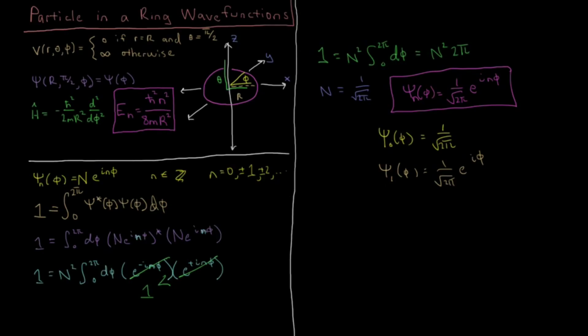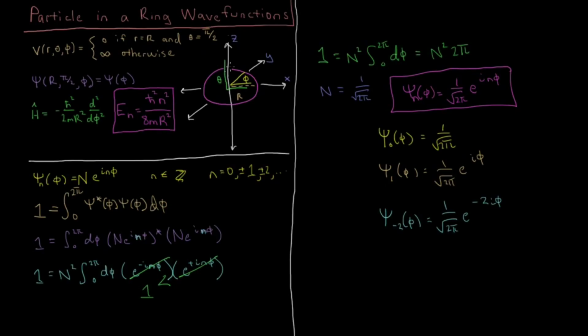And the only difference between the positive and the negative integers is you have either plus or minus in the exponent. And the effect of that is basically whether the particle is traveling around the ring this way or the other way.